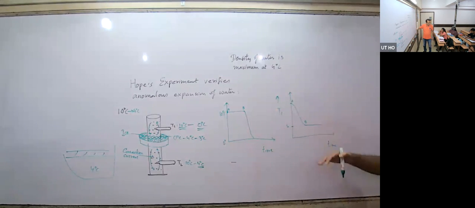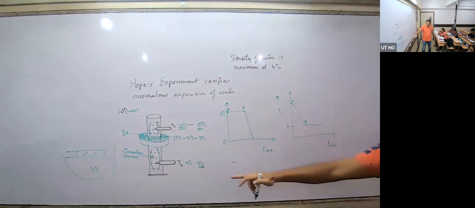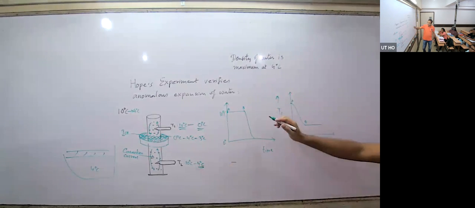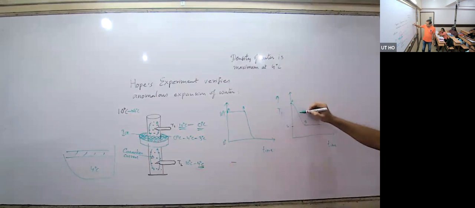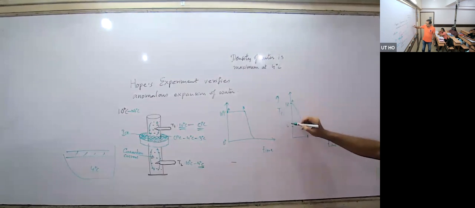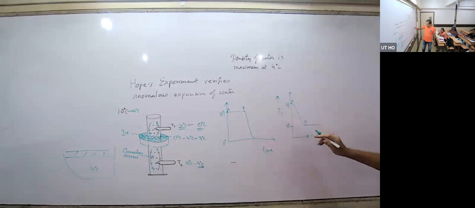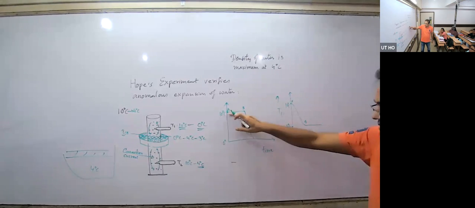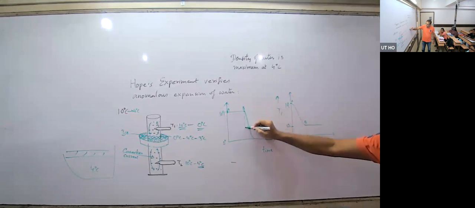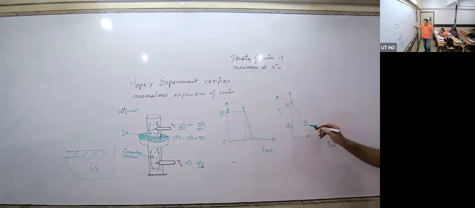It does not go below 4 degrees. Which one? The lower thermometer. That's what it says. Whereas when this goes from 10 to 4 degrees Celsius, this remains constant, and then after that it reduces to 0 degrees Celsius, but this remains constant. Is it understood?